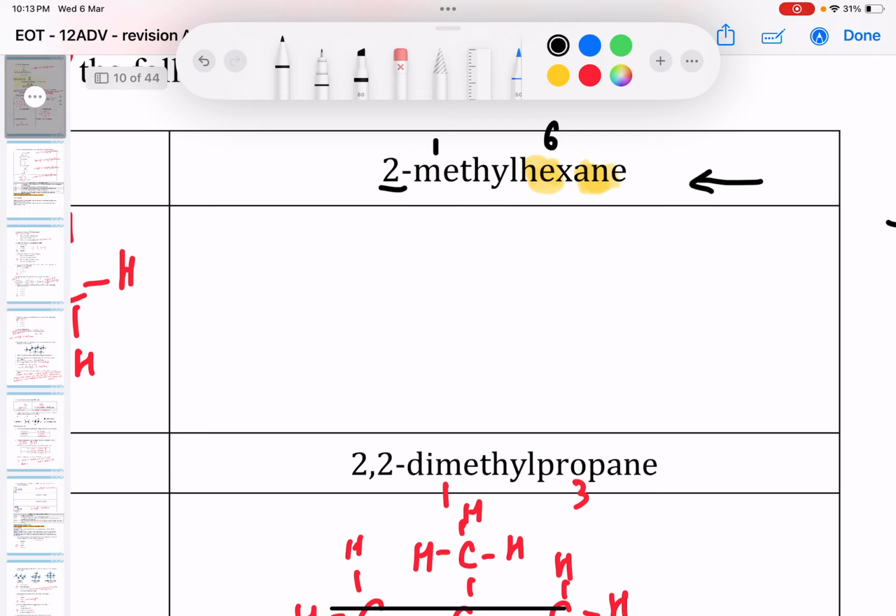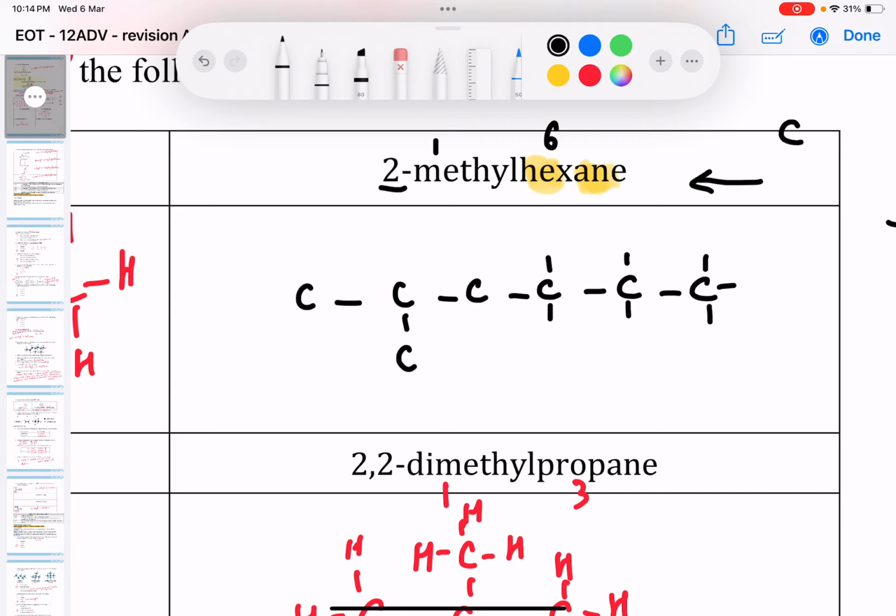So let's start here. We're going to draw 6 carbons. As I said, on the second carbon, we have a methyl group. And that's it. These are the branches. After you put the structure, the skeleton of the compound, you need to complete the bonds with hydrogens.